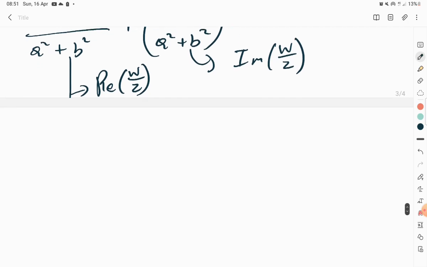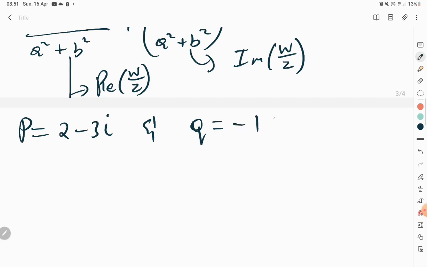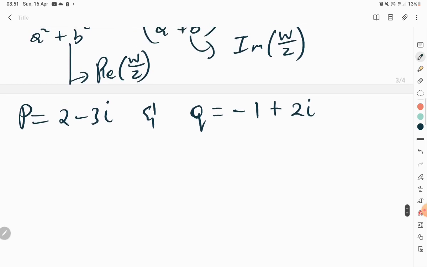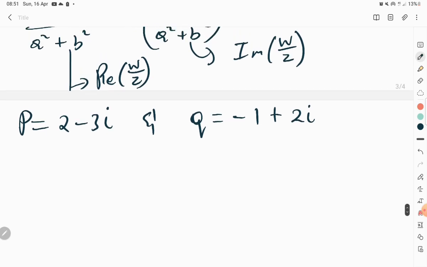Let's say you are given p, which is one of our complex numbers, which is 2 root 3i, and you're given q, which is negative 1 plus 2i. So we have these two complex numbers. Now, the question may say, simplify the following, giving your answer.